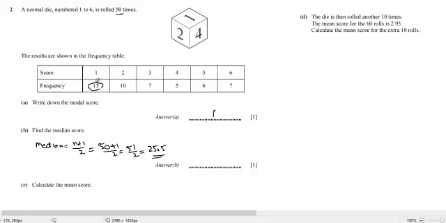Now start counting the frequency from here. 15 plus 10, if you add 15 with 10, you will get 25, but still we are not getting 25.5. We need 25.5, we don't need 25. So after adding these two, you will get only 25, which is not 25.5, so it means we need one more number to add with it.